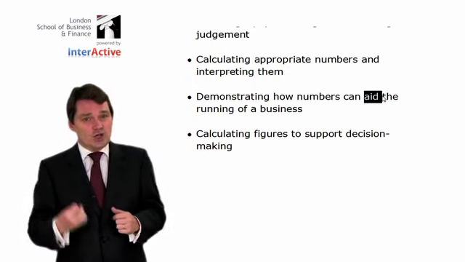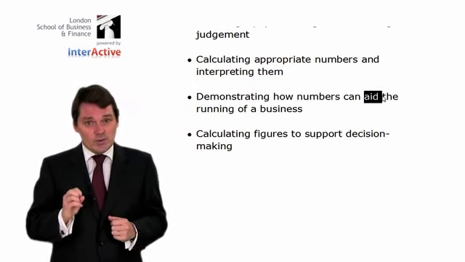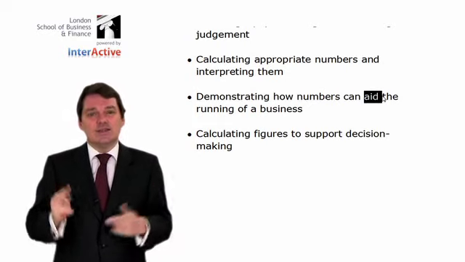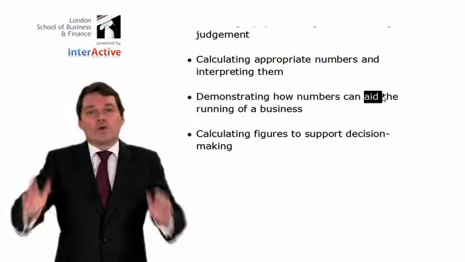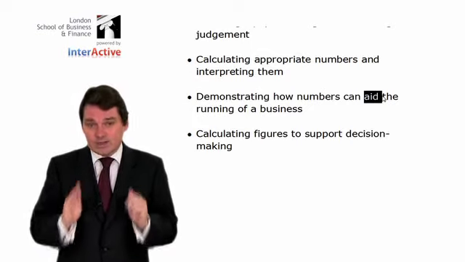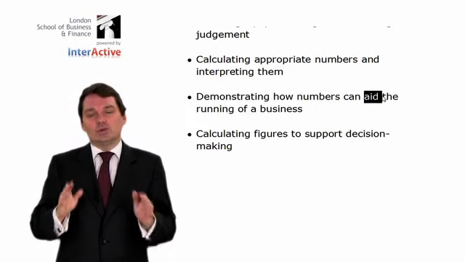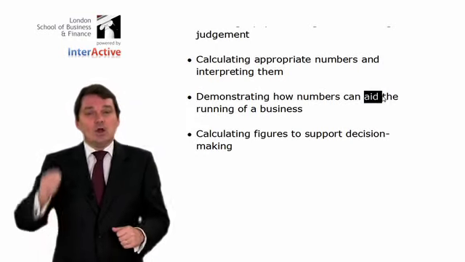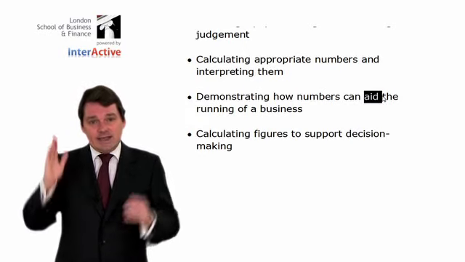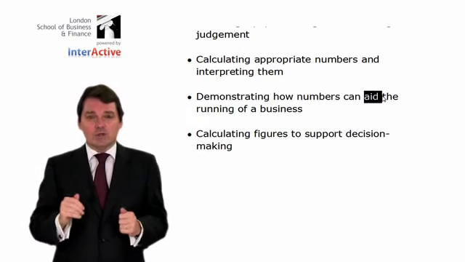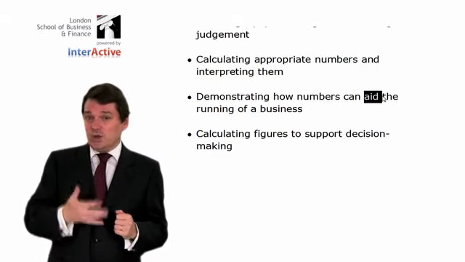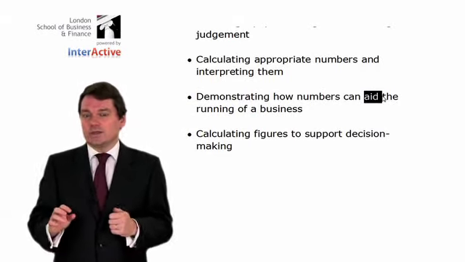So almost certainly what you will do is collect numbers, collect data, collect figures from each part of your organisation, and those numbers will tell you whether you're doing well or not. So one of the skills that P5 is going to test is, when you are looking at these numbers, do you understand what they mean? Can you interpret who is doing well and who isn't?